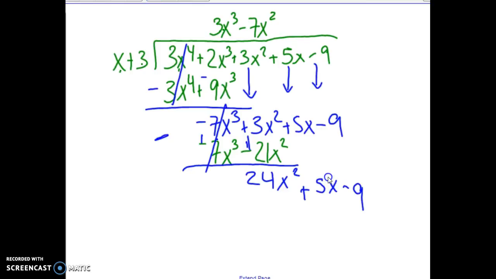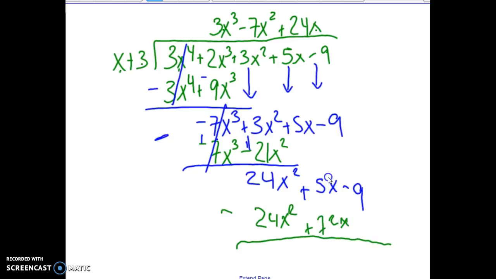I have a positive 24x. 24x times x gives me 24x squared. 24 times 3 gives me a positive 72x, kind of huge. I subtract, cancels, subtract, so this makes this a negative.